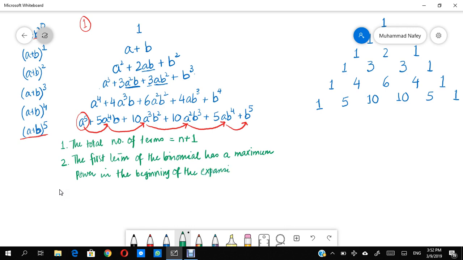And what is this maximum power? The power is equal to n. So we are talking about a general expansion, (a + b) to the power of n.